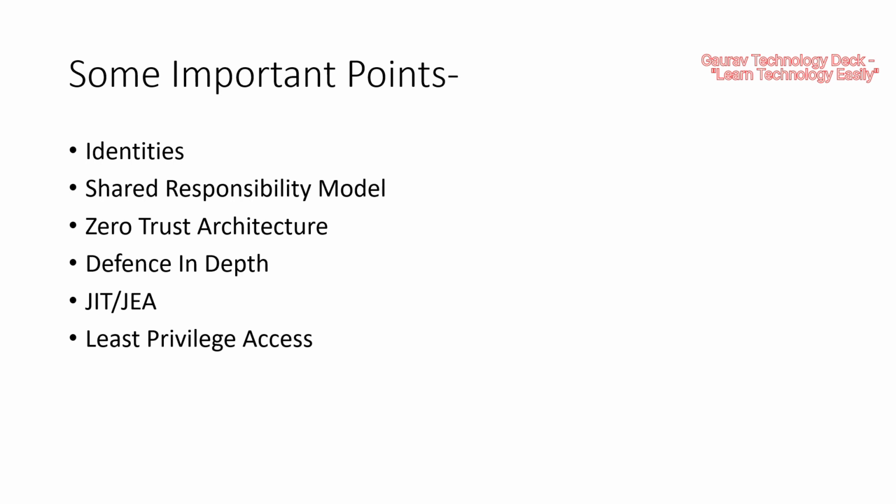So the shared responsibility model says that the services are provided by the cloud service provider, but you have to manage your own tasks. So the customer and the cloud service provider, which is CSP, both are managing and both are responsible for providing secure access to the identities and security of the resources.